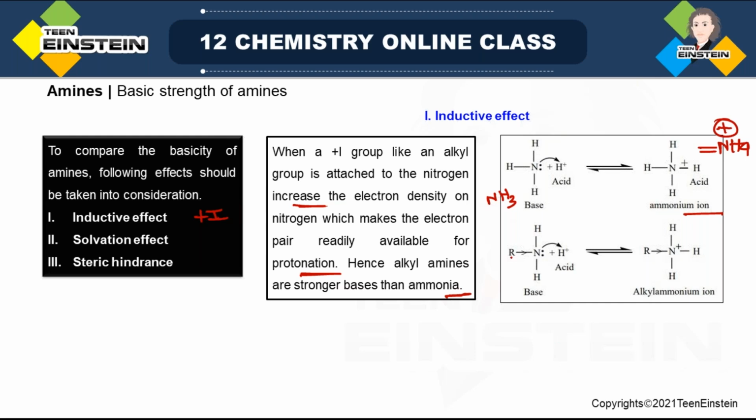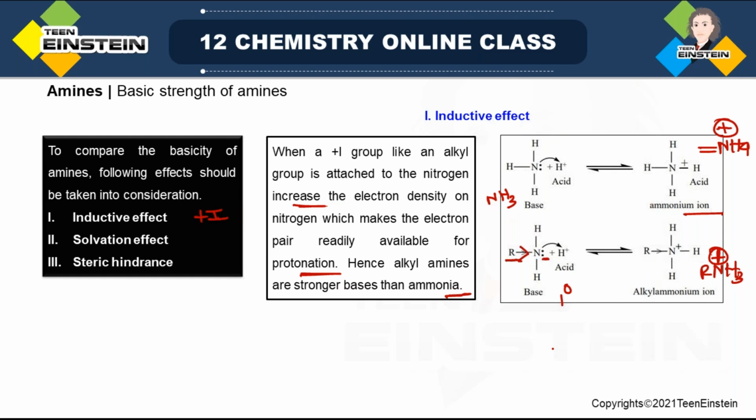And when one H is replaced by R, now it is a 1 degree amine and the plus I effect is operating, so the lone pair donating tendency will increase. Here also you are getting a salt, which is the RNH3 plus salt. So this is the alkylammonium ion. So obviously, if you consider this plus I effect, in the second case basicity should be high. That is, the tendency to capture a proton will be high.